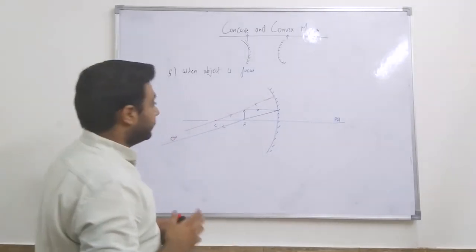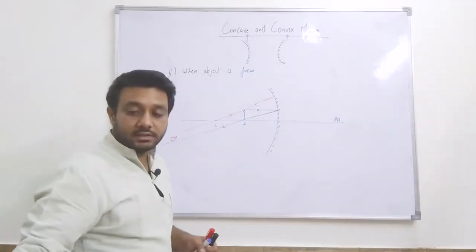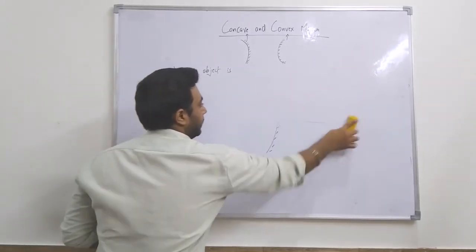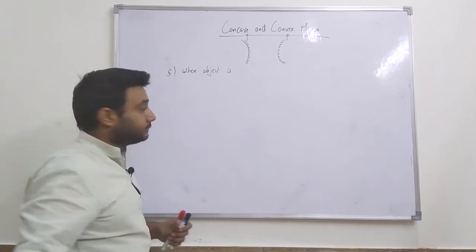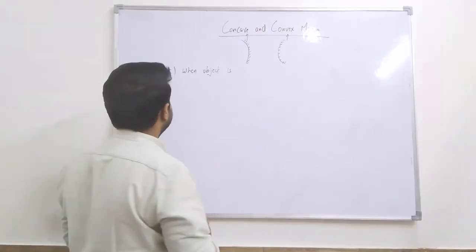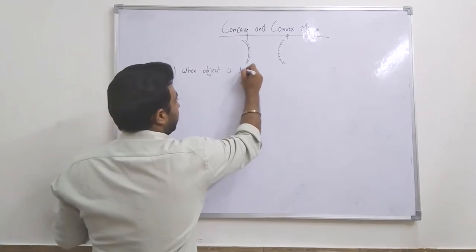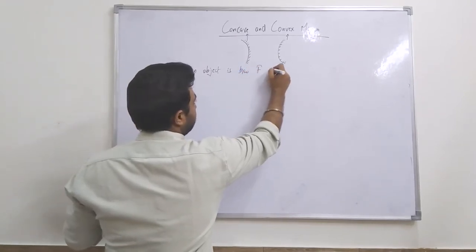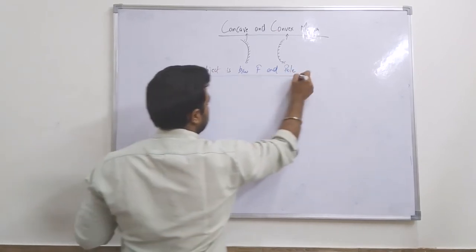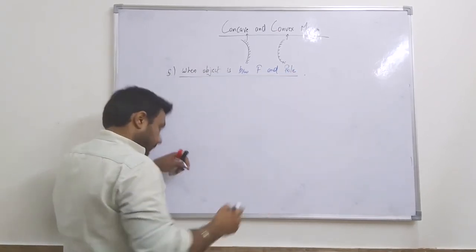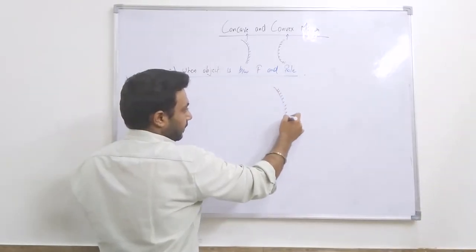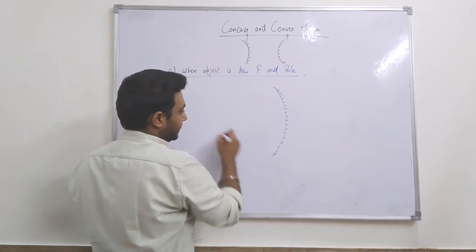Now the last and very important case, when the object is between focus and pole. Okay. Now this is the concave mirror.